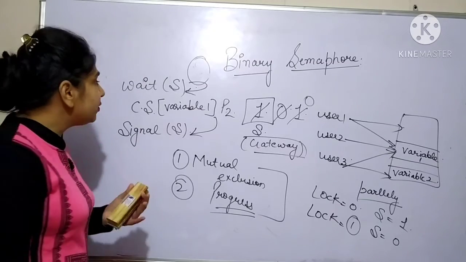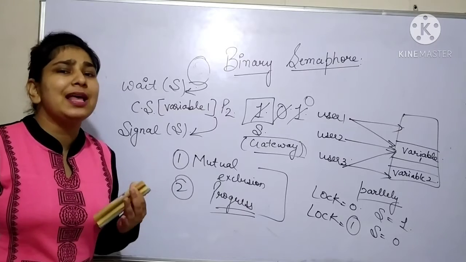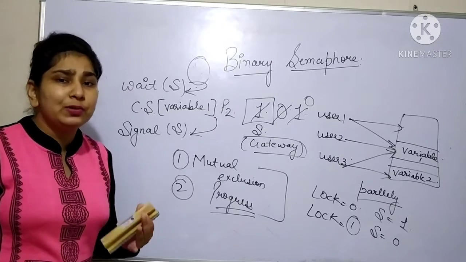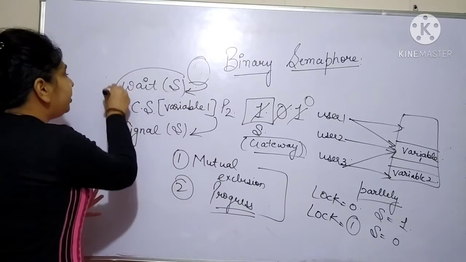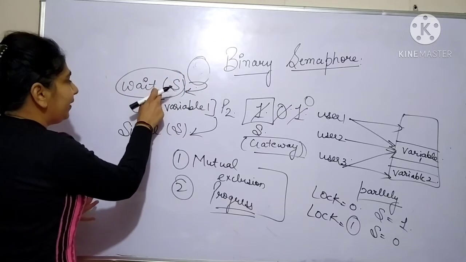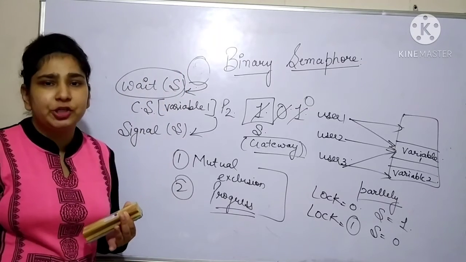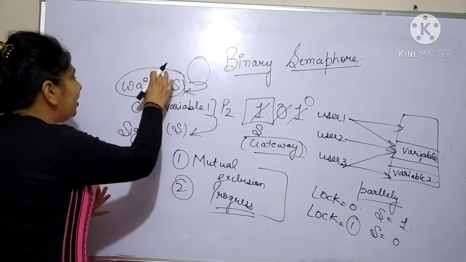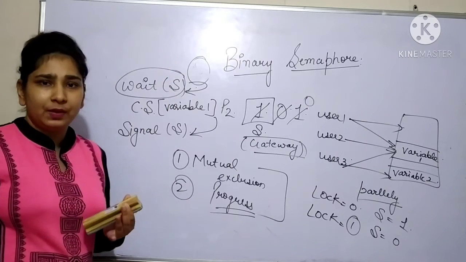So what happens? All of the other processes or all of the user requests are going to be stuck looping at this wait operation. Okay, they all are going to be stuck here.